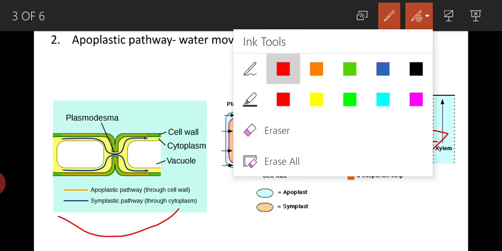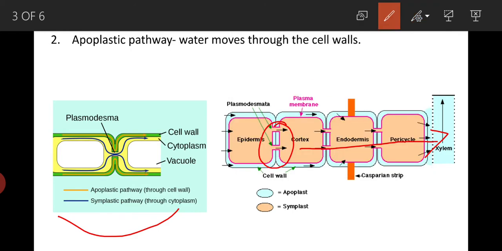And the second way in which water moves is the apoplastic pathway. The apoplastic pathway is the movement of water through the cell walls. You can see here in blue the apoplastic movement of water through the cell wall until the xylem vessels, and the orange color shows the direction of the water flow.